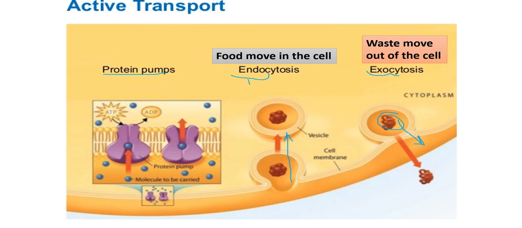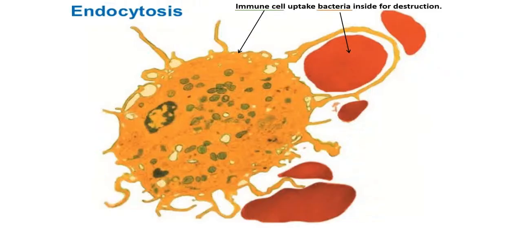So endo means inside, when we're moving food molecules inside of the cell. Exocytosis, exo means outside, so we're moving something out of cells. In both cases, we need ATP molecules to move it, and this means we need to use active transport.